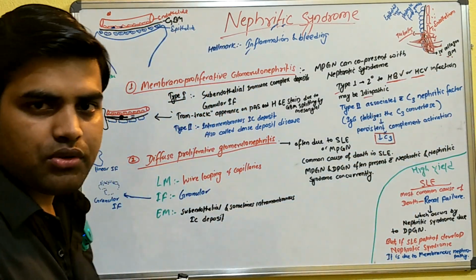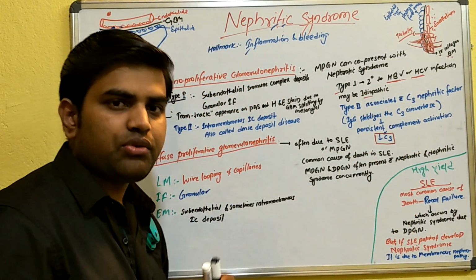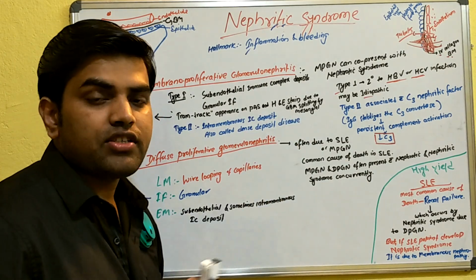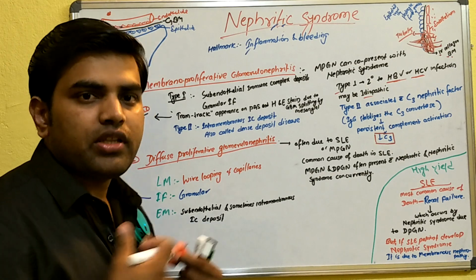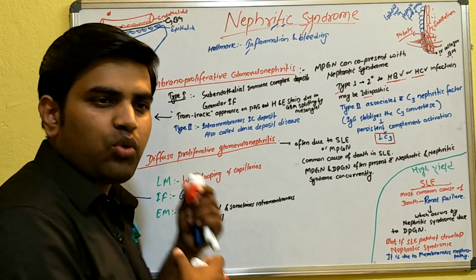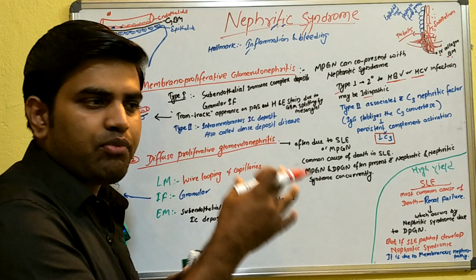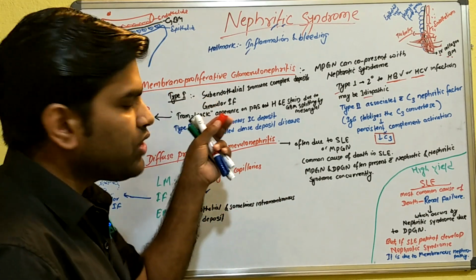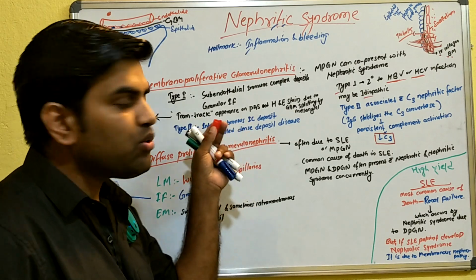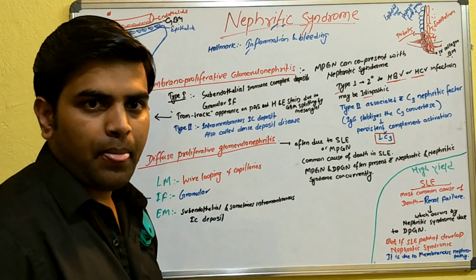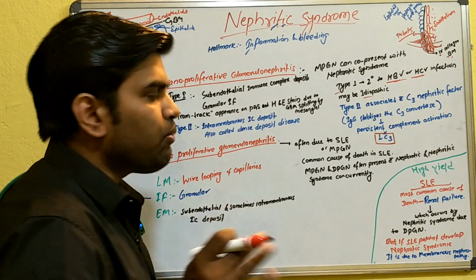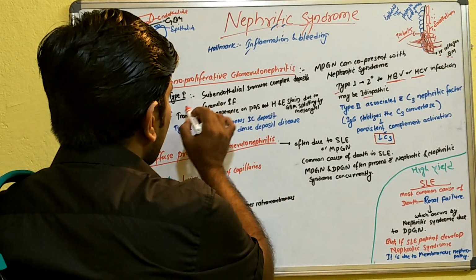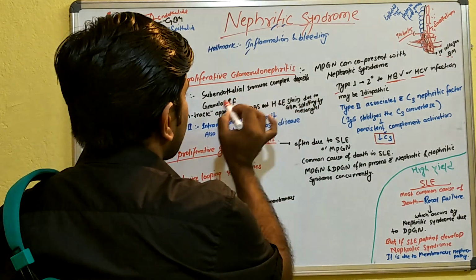This is very high yield: if in your scenario they are talking about hepatitis B and C infection, and then the patient develops a kidney problem with hypertension, oliguria, and azotemia, giving a picture of nephritic syndrome, then you have to understand they are talking about membranoproliferative glomerulonephritis, particularly type 1. So this is important.